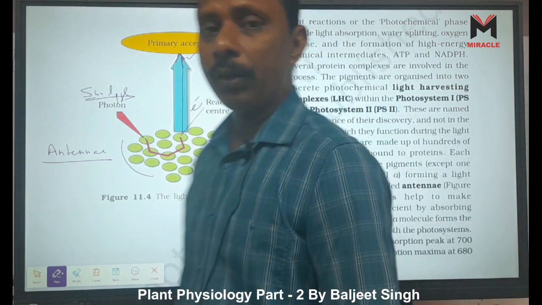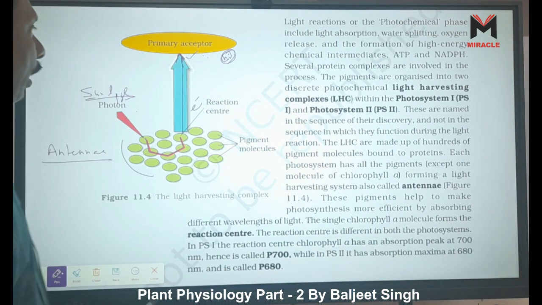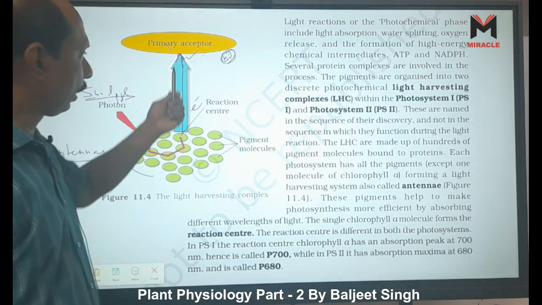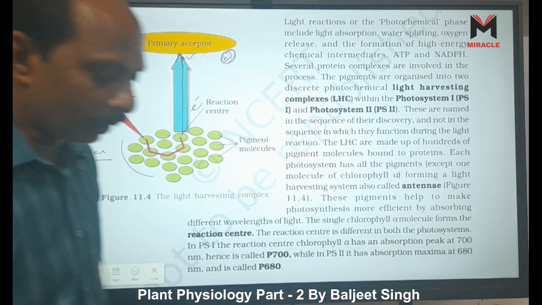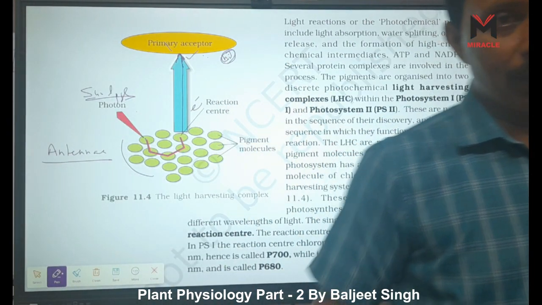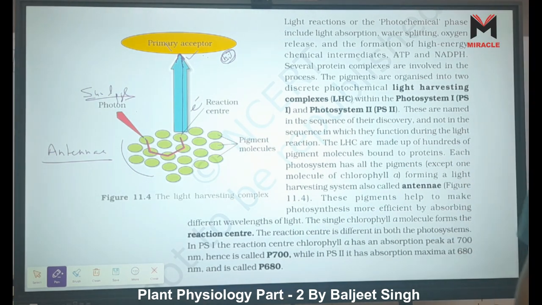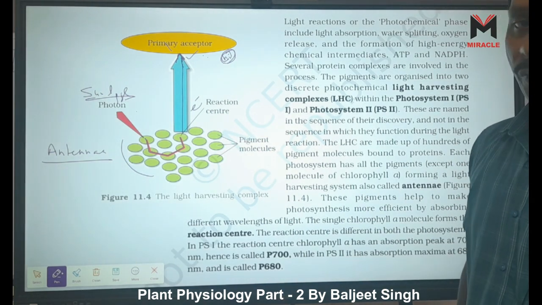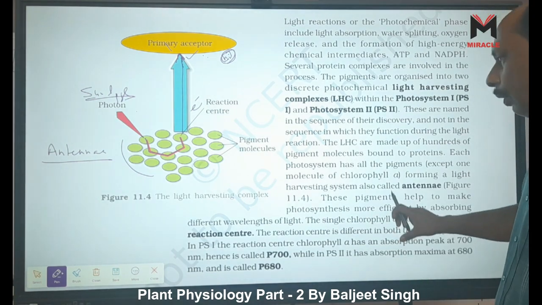Water is broken down into H plus ion and OH minus ion, right? Hydrogen and hydroxide. And this one is called the primary acceptor. The electron comes to the primary acceptor, and the primary acceptor is derived from where? From chlorophyll A. Okay.